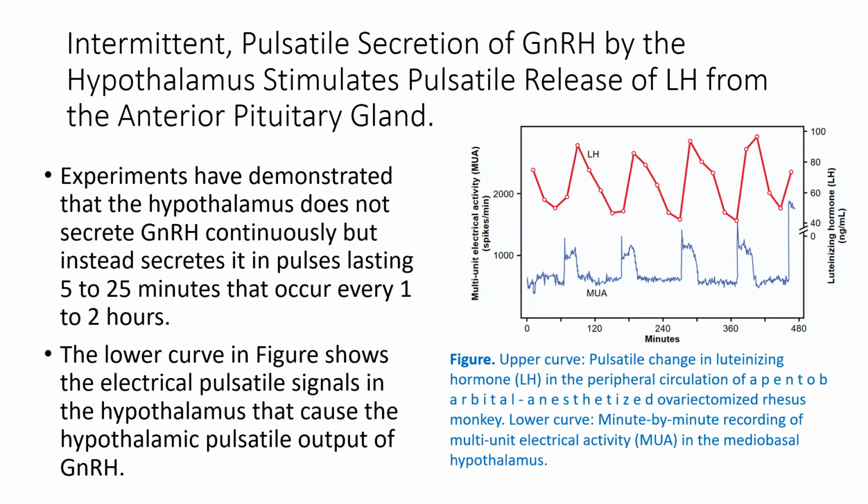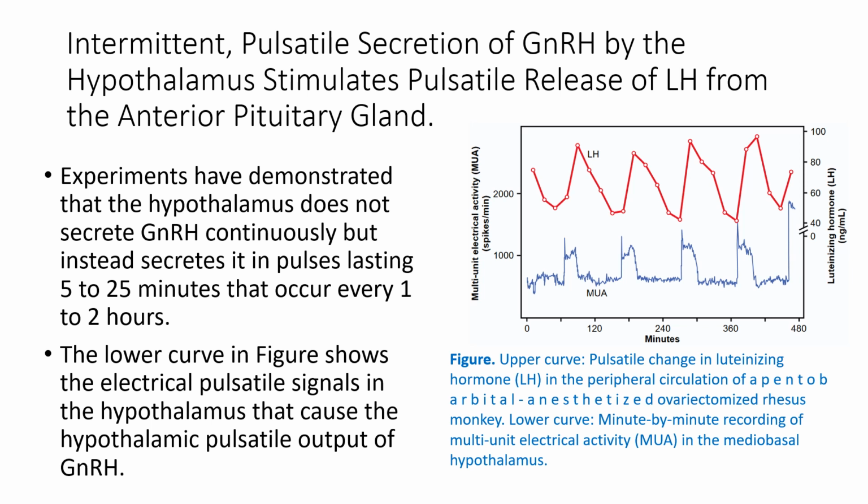Intermittent, pulsatile secretion of GnRH by the hypothalamus stimulates pulsatile release of LH from the anterior pituitary gland. Experiments have demonstrated that the hypothalamus does not secrete GnRH continuously but instead secretes it in pulses lasting 5 to 25 minutes that occur every 1 to 2 hours. The lower curve in figure shows the electrical pulsatile signals in the hypothalamus that cause the hypothalamic pulsatile output of GnRH.